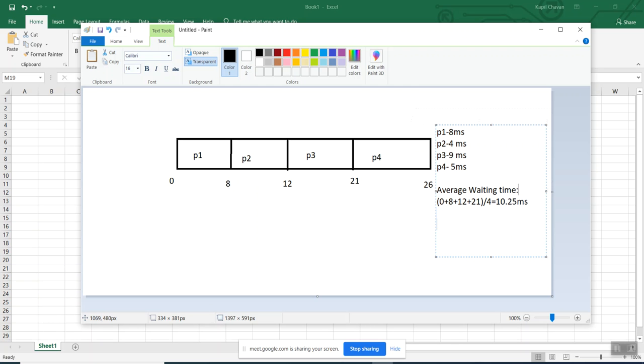Okay, and waiting time for P1. Can anyone tell me P1? Swapnali. 0. Okay, P2, 8. 8, P3, 12. Okay 12, P4, 21. Yes, good.